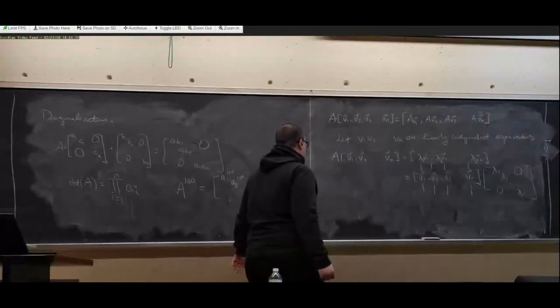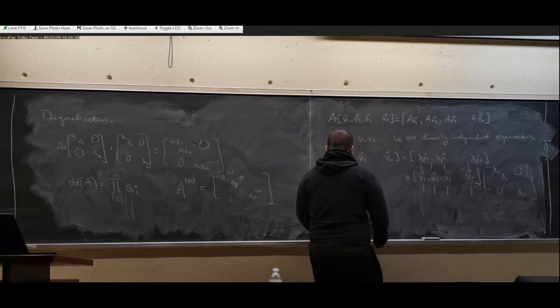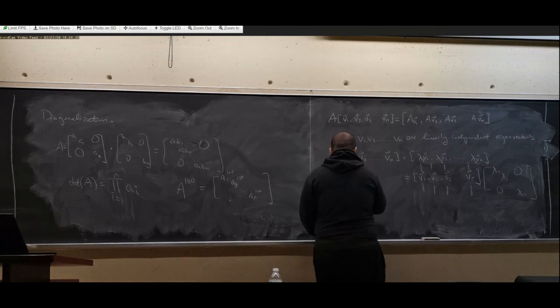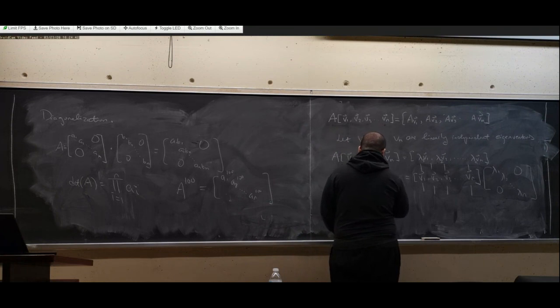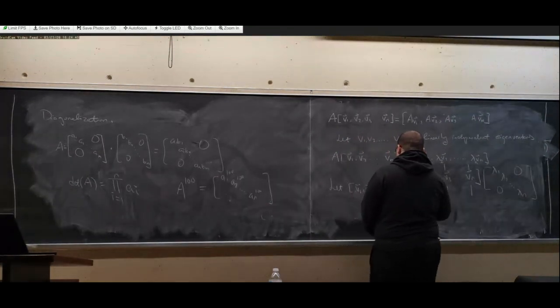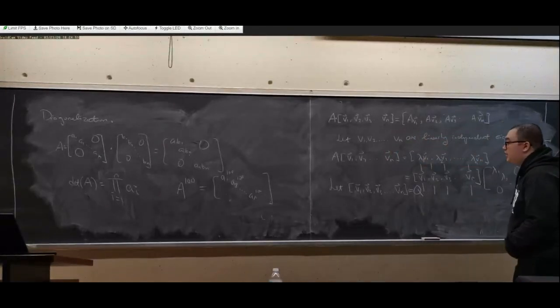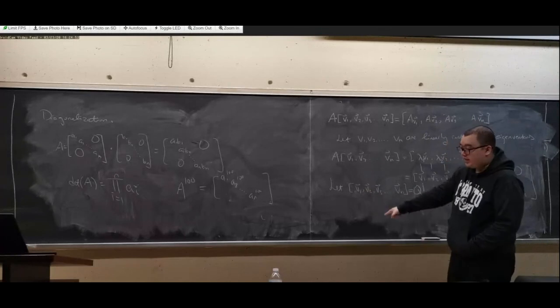Right? So if we let this vector here, v1, v2, v3, vn, equal, say, Q. So this is a matrix, right? Every single one of these is a column vector.